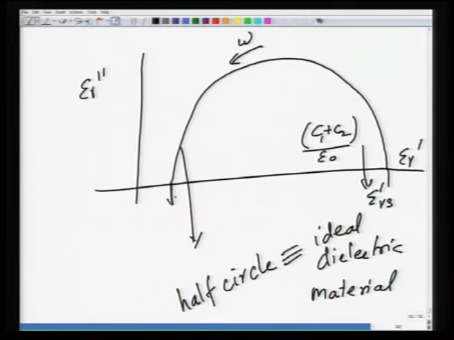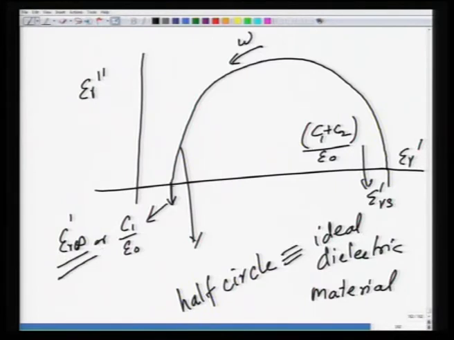And this intercept becomes C1 divided by epsilon naught, or epsilon r infinity.